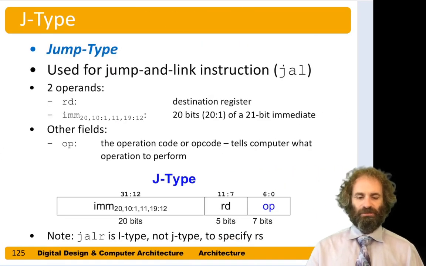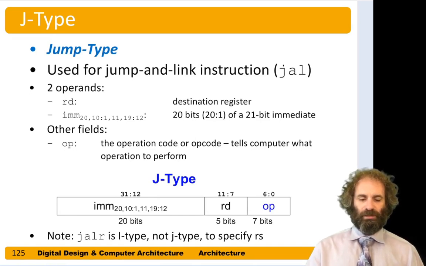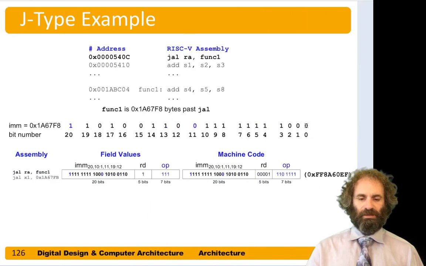For J-type, these are used for jump and link. So we've got to be careful with this funny ordering of the immediate. Let's suppose we were at 540C, and we want to do a jump and link RA to funct1. And funct1 is up here at address 1ABC04.